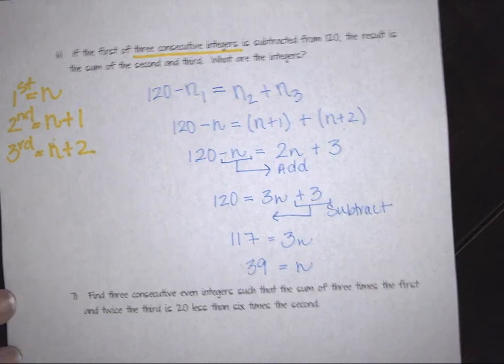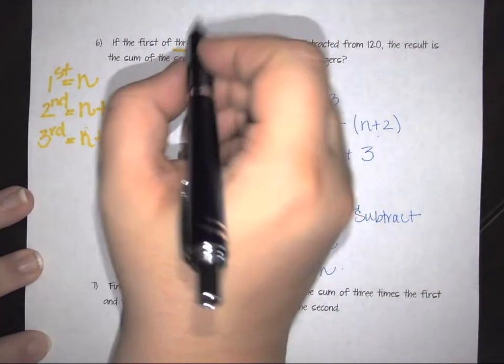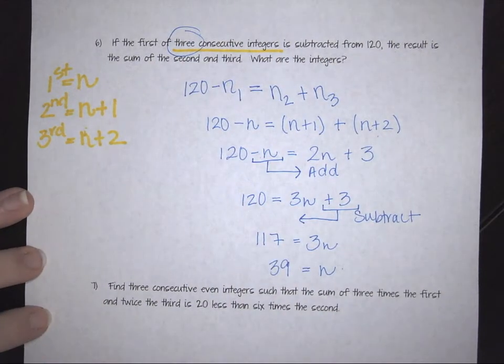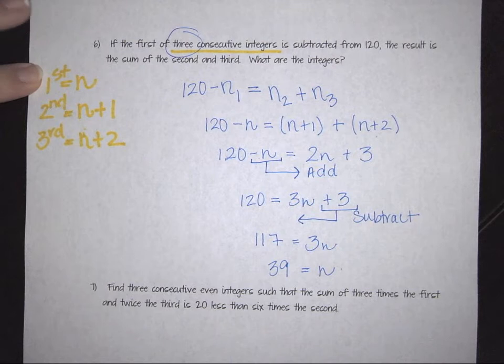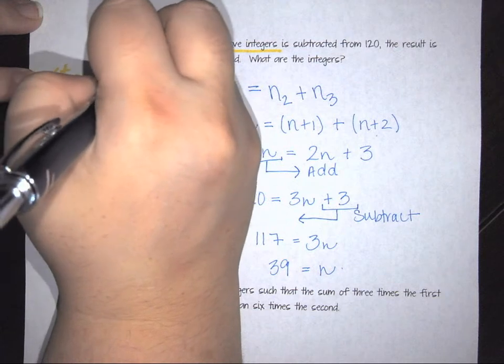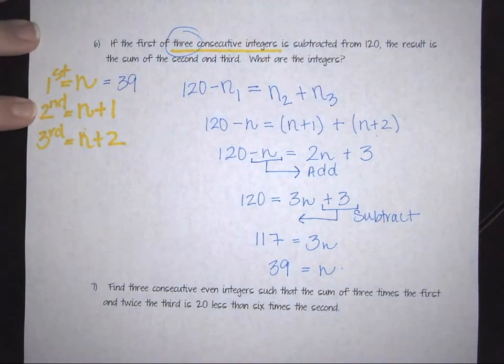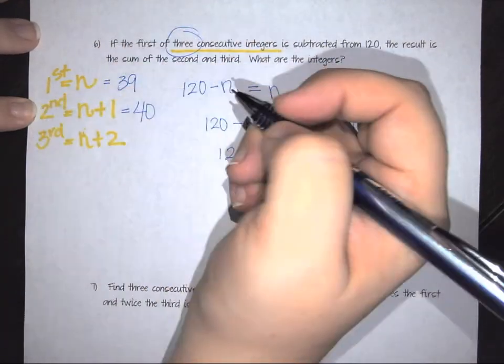Now again, just like before, this is not the end result because I want to find 3 consecutive integers. So here in my key, I can just simply fill things in. My first one is n, which equals 39. My second integer is n plus 1, so 39 plus 1 is 40.